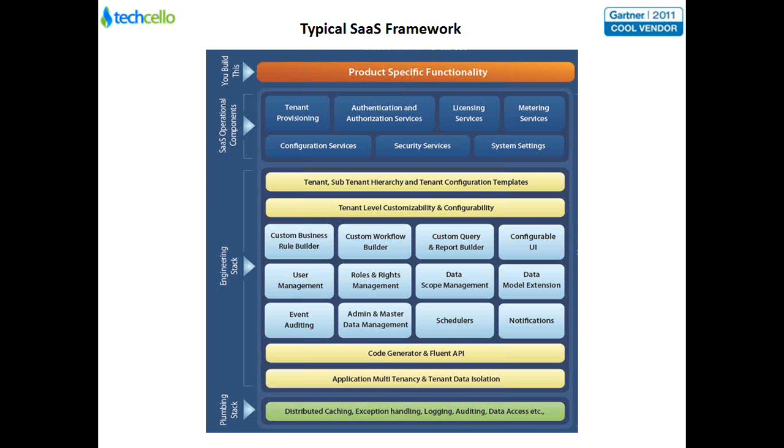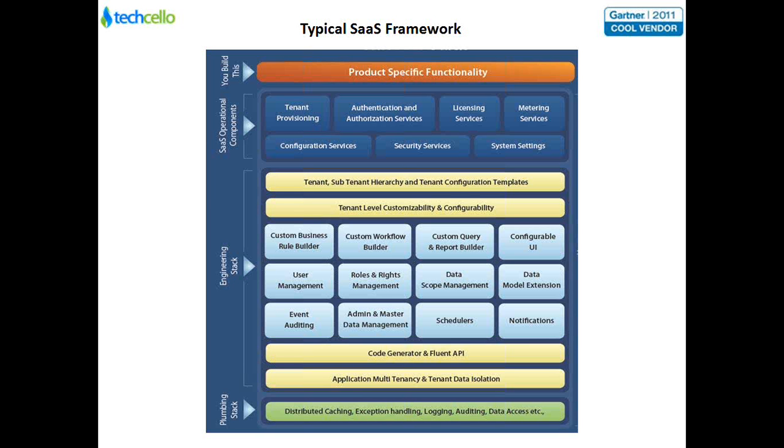If you see on the top, you see the product specific functionality. That functionality can utilize these modules, which means they don't have to think through how to do roles and rights management. They don't have to think about how do I handle configuration of my UI, right? It's all taken care of already, so the product functionality can move faster.